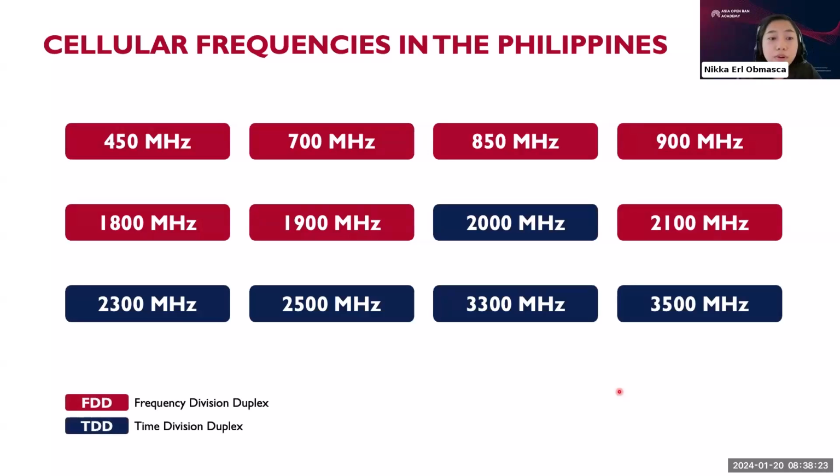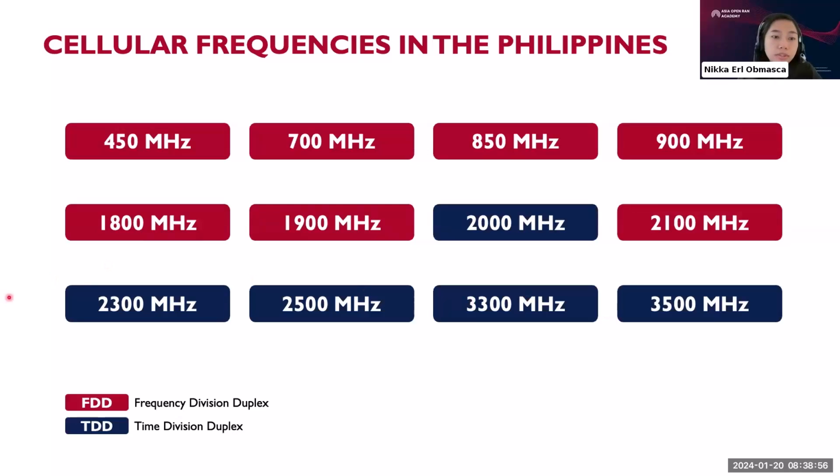The red ones are for frequency division duplex, and the blue ones are for time division duplex. But before that, I think when I was in the telecommunication industry, these frequencies were used for GSM, but some of these are used for LTE, and the higher frequencies are used for the 5G network.